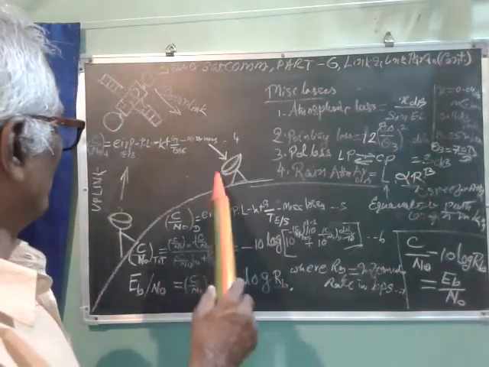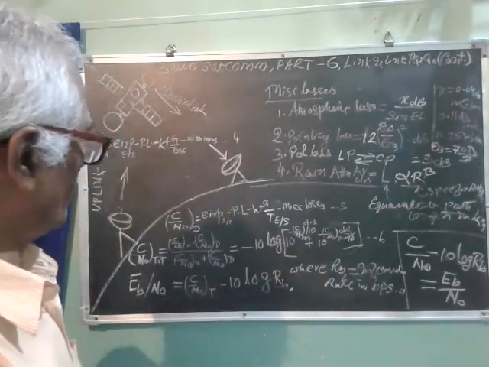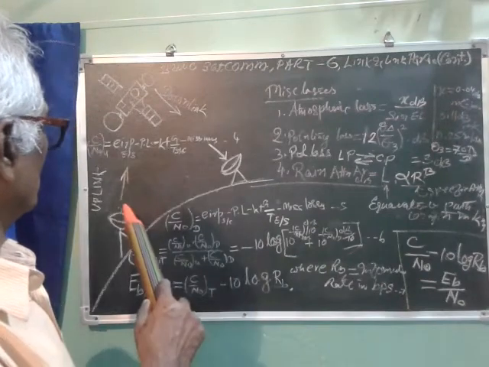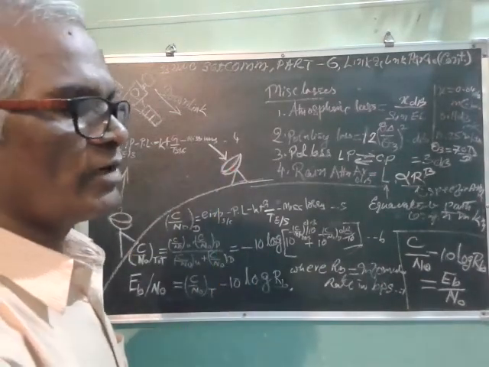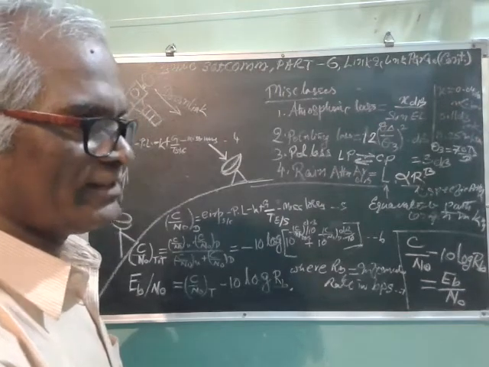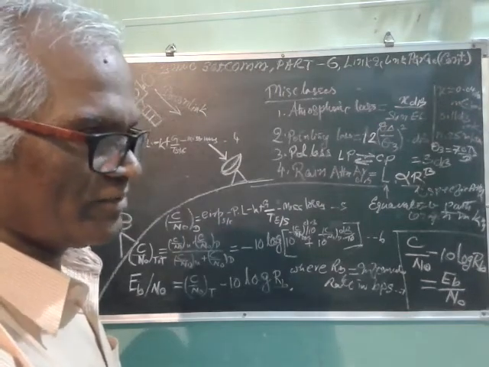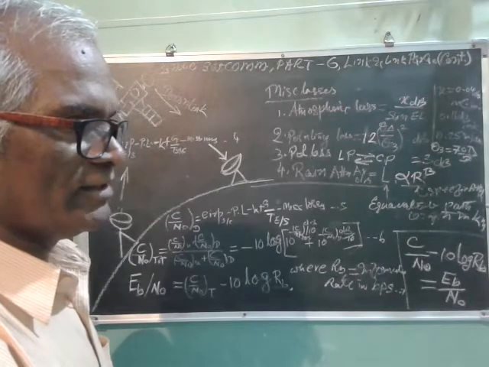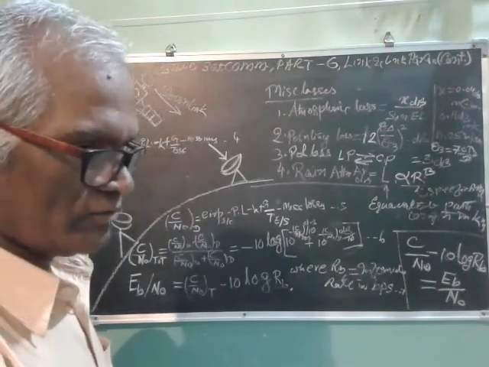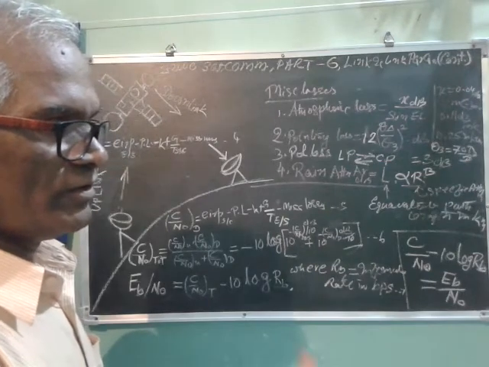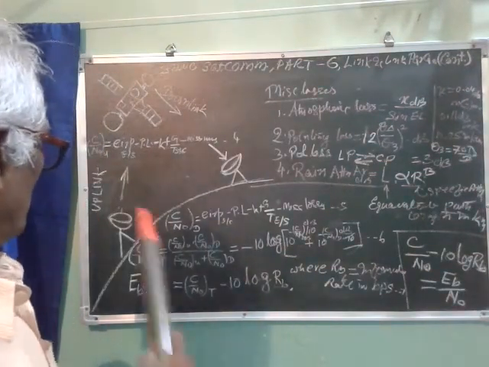Anyway, it does not matter, because the overall C by N naught received at the receive point is the effective C by N naught, to which both uplink and downlink C by N naught contribute.